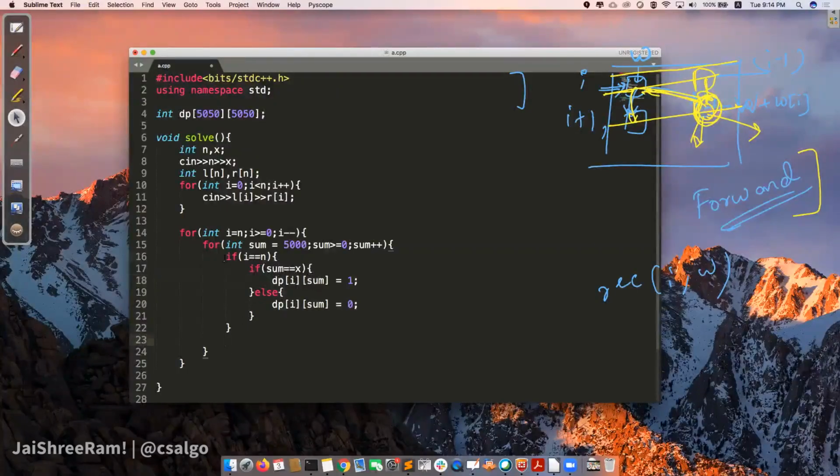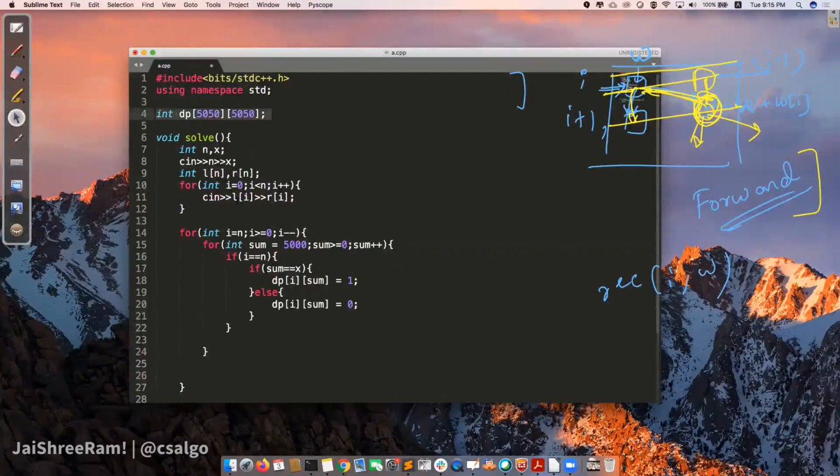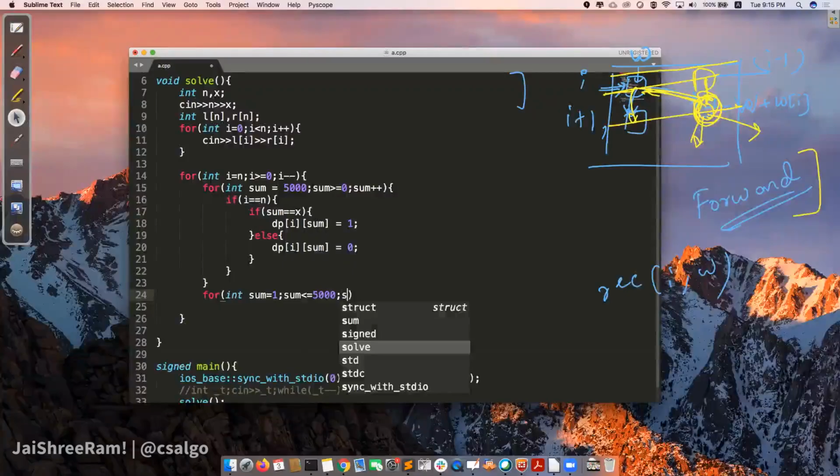If i is equal to n, this is the base case. Or else I will just quickly find the value using the next row's prefix sum. I can create a separate prefix sum array, but we don't need the values of this row anymore, so I will be doing it in place. What I would be doing is calculating the prefix sum in this place itself. So I would just do sum equal to 1, sum less than or equal to 5,000, sum plus plus.